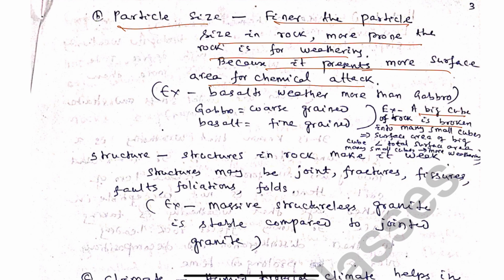So small cubes will be readily affected by weathering compared to the big cubes. Thus, rock types which are fine in grain size crumble to weathering easily compared to rocks which are highly coarse grained. For example, basalts are very fine grained and weather more easily than a gabbro, because gabbro is coarse grained, basalt is fine grained.